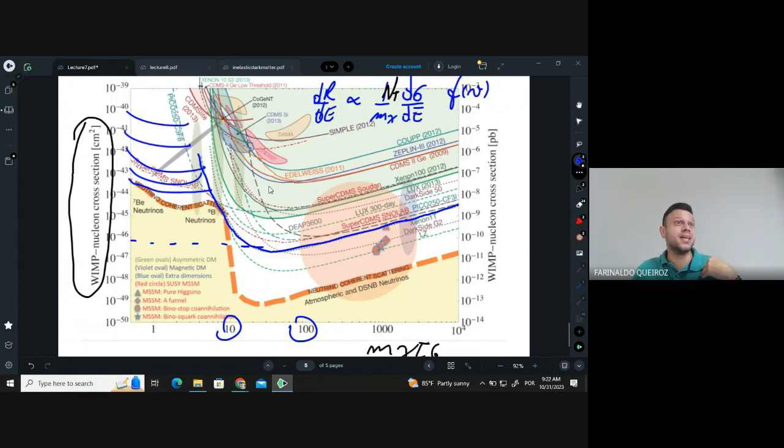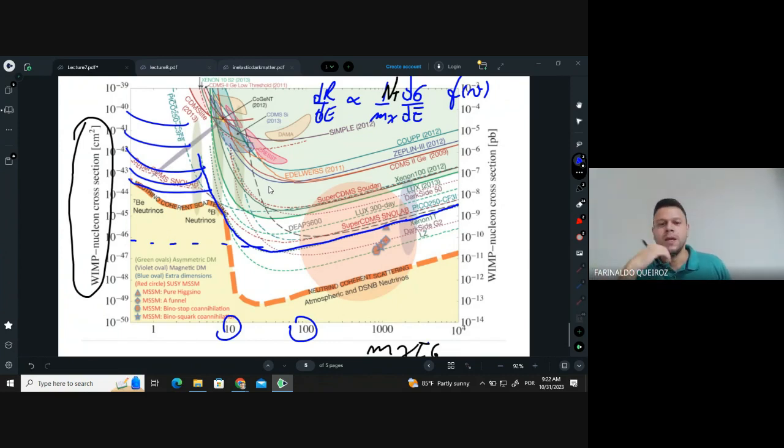It's coming from the sun. Dark matter is around the whole galaxy. It's not coming just from the sun. So if I somehow can deduce in which direction the flux was coming from, then I can potentially separate neutrino signal from a dark matter signal.